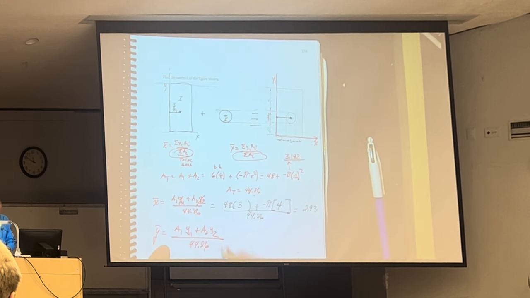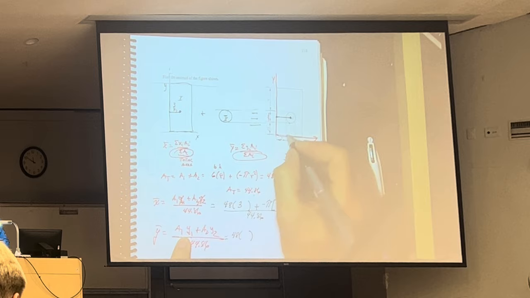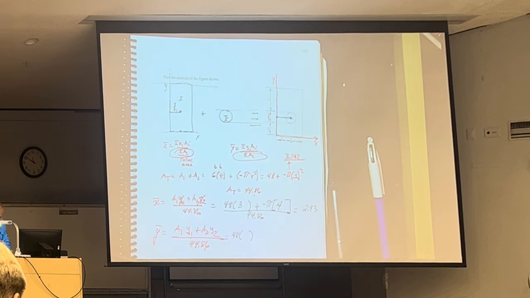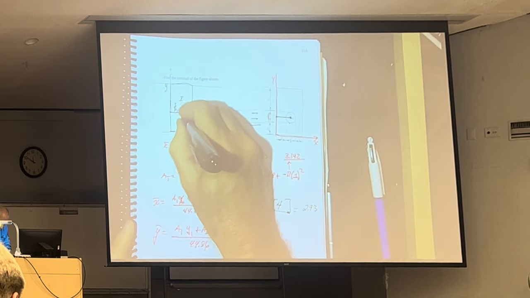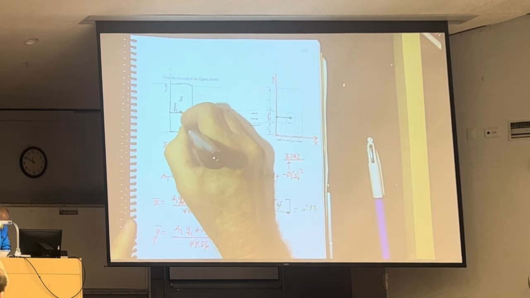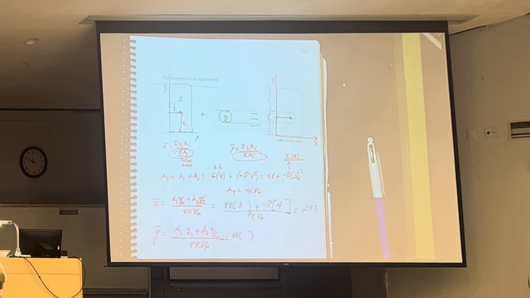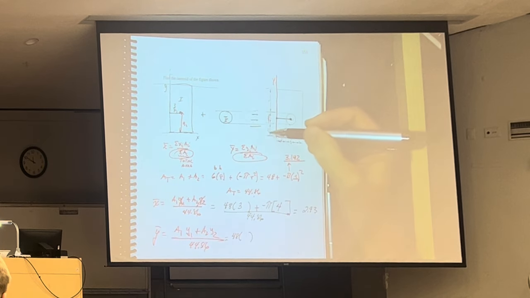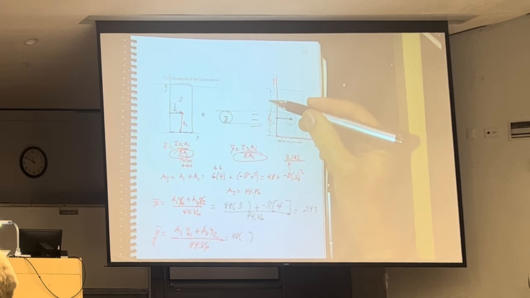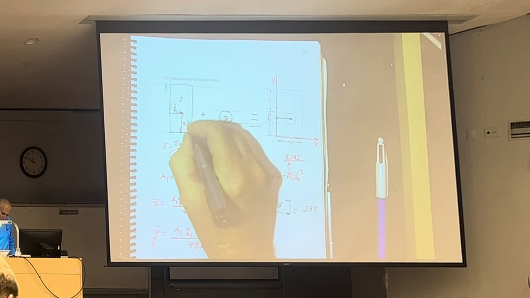Same thing with this one. This is going to be 48 times, this time it's the y. So I'm going to go from the x-axis up. That's my y1. Well, this whole thing is 2 plus 2 is 4 plus 8. Half of 8 is? This has to be 4.